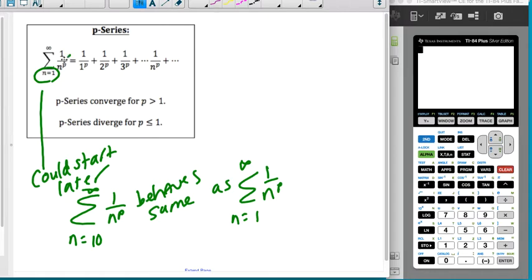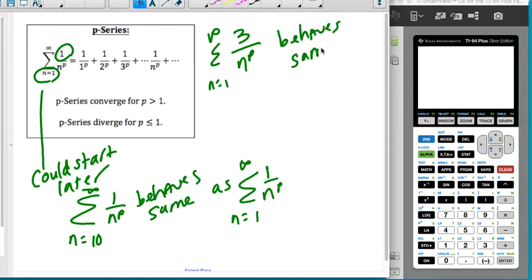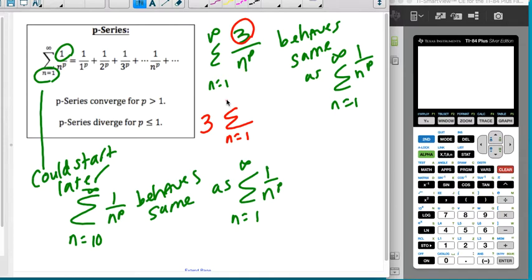Similarly, this doesn't have to be a 1. If this were a 3 over n to the p, this behaves the same as a 1 over n to the p. The reason I say that is because I could factor this 3 out, and this would just be 3 times this series.